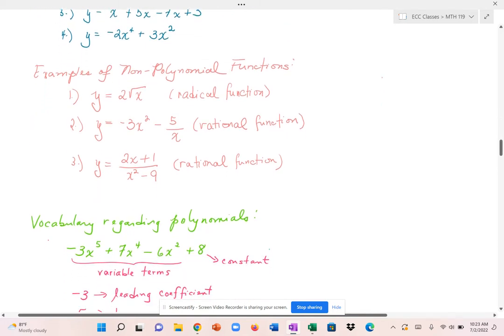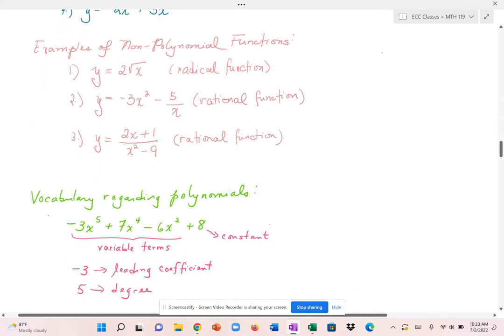So here's some vocabulary regarding polynomials. The language that we use in math is just as important as the math. We all have to speak the same language and understand what the terms mean. The example I gave is a fifth degree polynomial. The first 1, 2, 3 terms are called variable terms because they have variables in them. The last one is just called a constant because it doesn't have a variable attached to it.